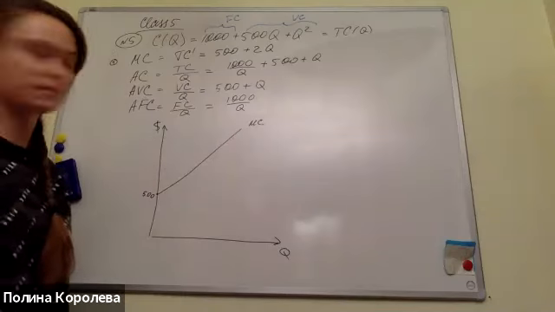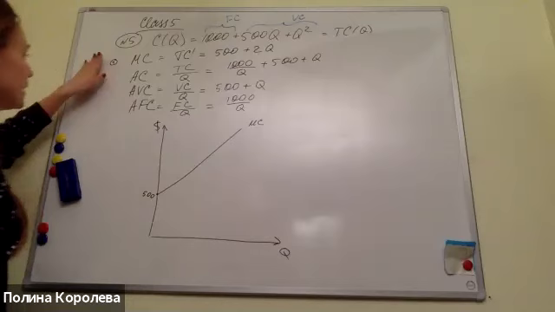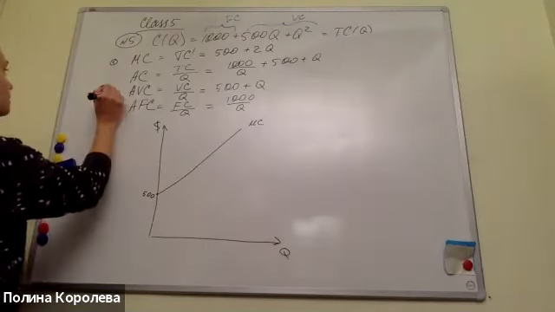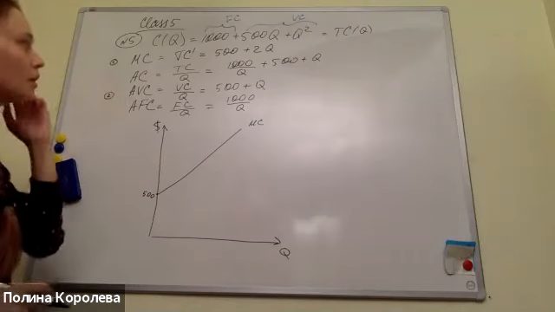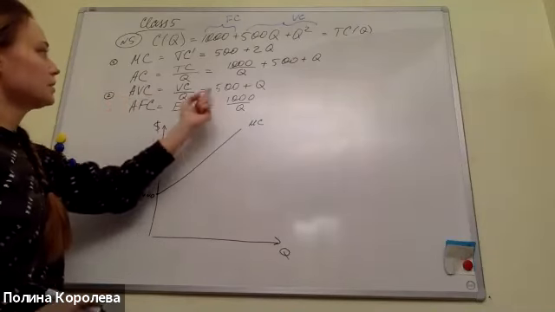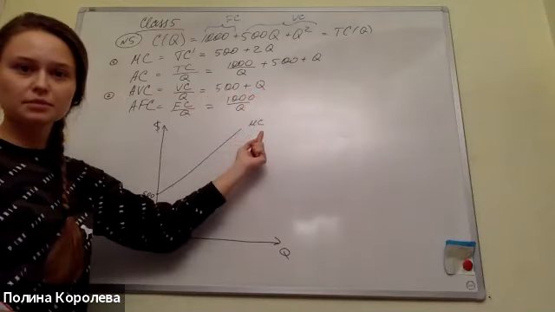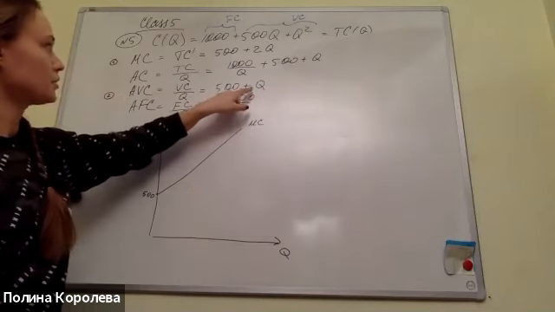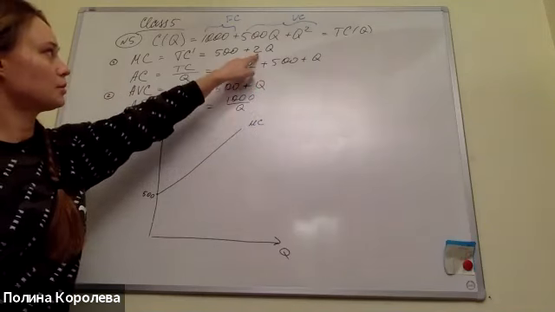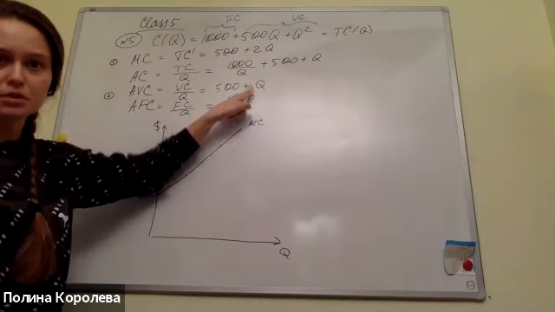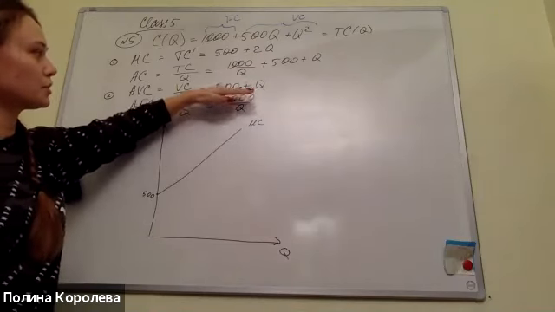Marginal costs, easy. Then, next, we draw average variable costs. Average variable, always. And as you see, it's 500 plus Q. Something similar to marginal costs, but the difference is only in the slope. In marginal 2Q, in average 1Q. Also a linear function with positive slope.